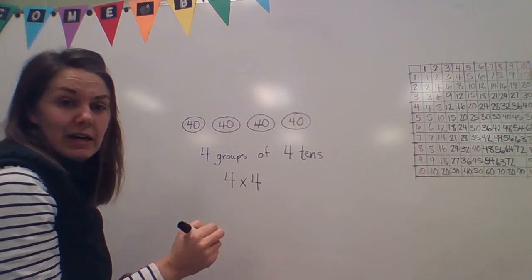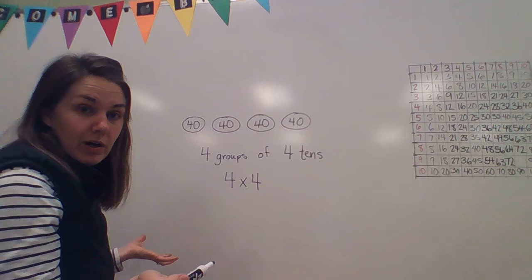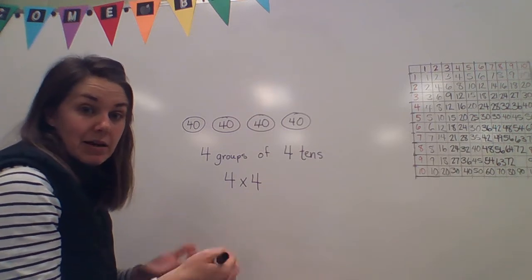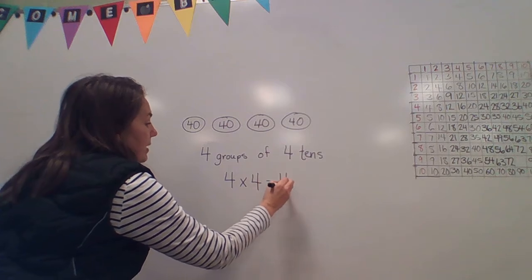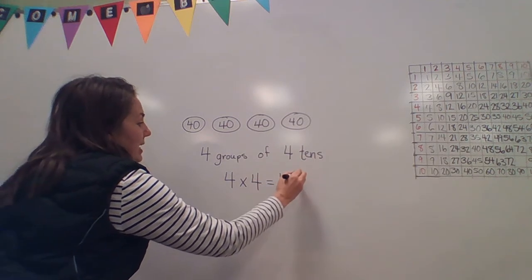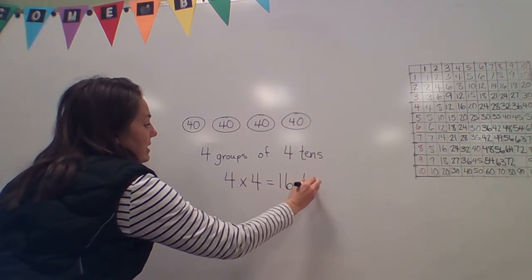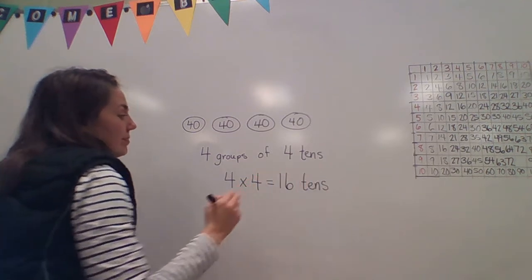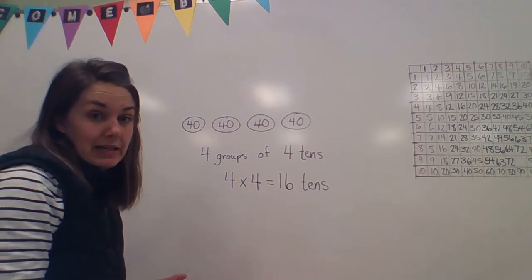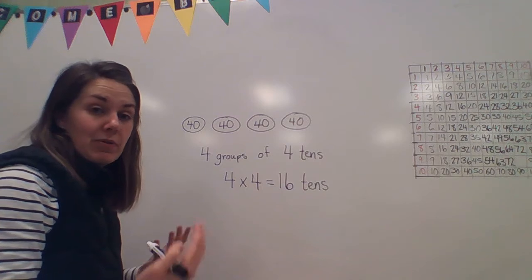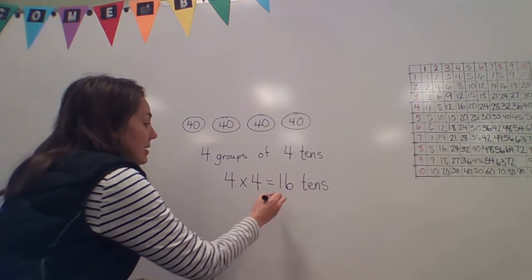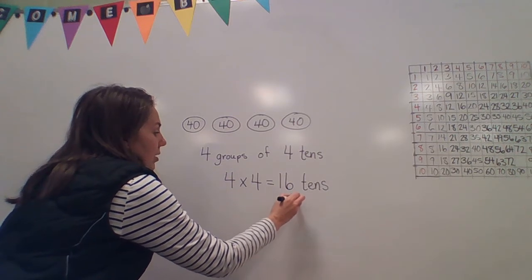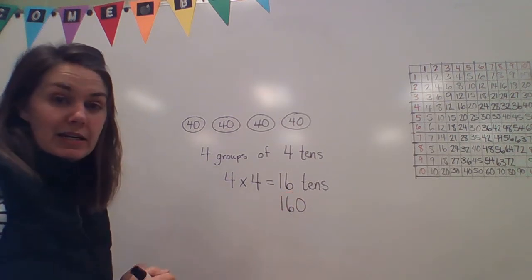I could think of it as 4 times 4, and then make sure that that's the number of tens. So 4 times 4 I know is 16, but because I'm multiplying 4 tens, it's actually 16 tens. So I know that 10 tens, 10 times 10 is going to be 100. If I add 6 more tens, that's like adding 60, or making it 160.